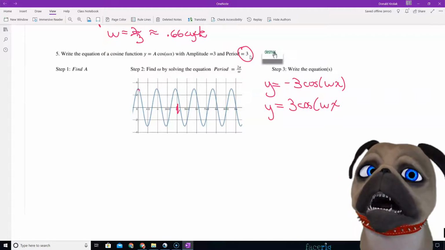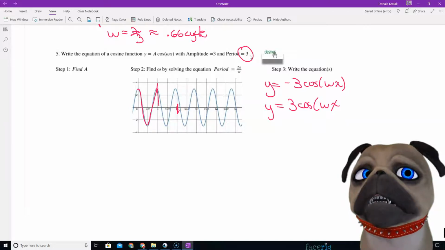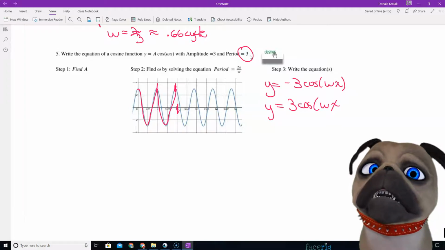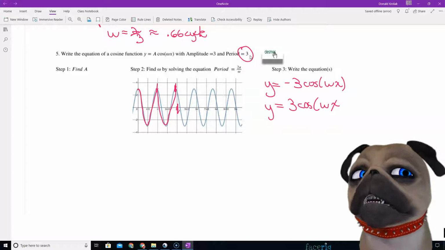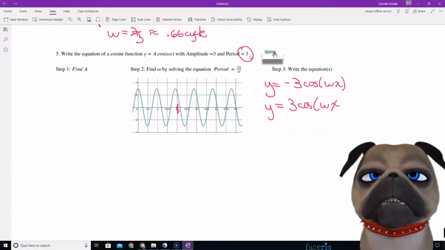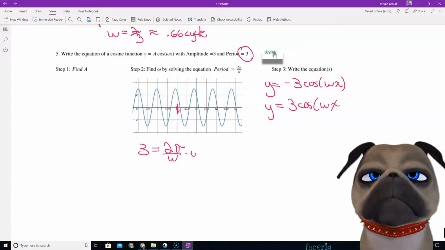If we look at this, you can see there's 1 cycle, 2 cycles, and a little bit more than 2 cycles between 0 and 2 pi. So let's see what we get here now. I take out the word period and replace it with 3, because that's what I'm told the period is. Now, same arithmetic here, there's just not a pi, that's all.